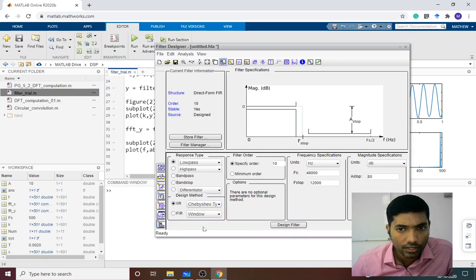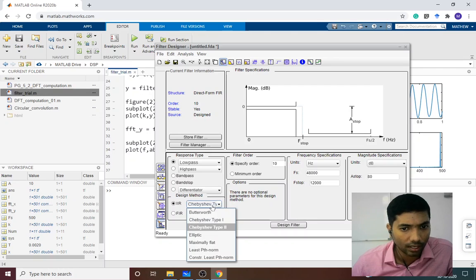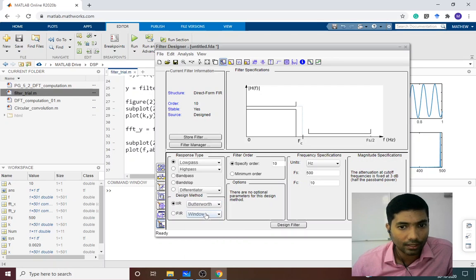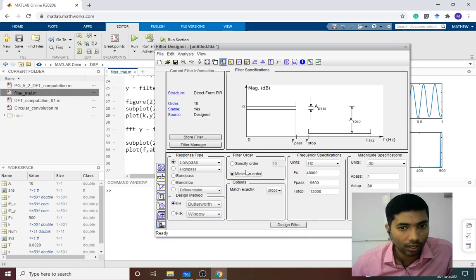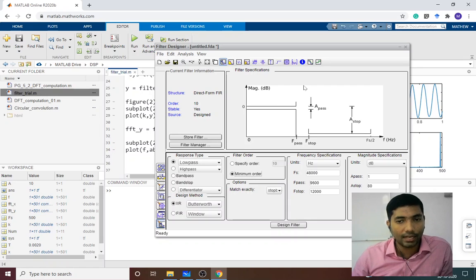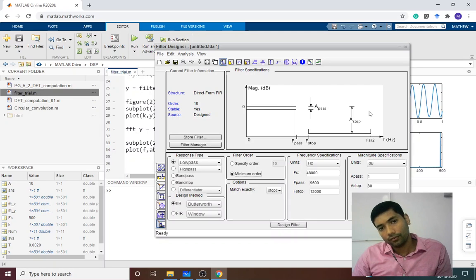Let me check Chebyshev. Yeah, different options are there. For the moment, let me select the Butterworth filter, and here I'll select minimum order for the filter order. These are the specifications that I need to specify for designing a Butterworth IIR filter.